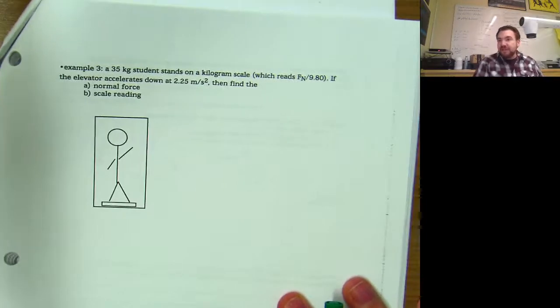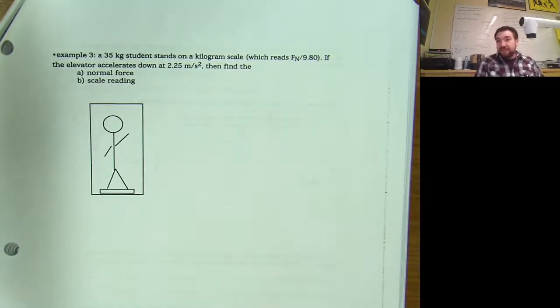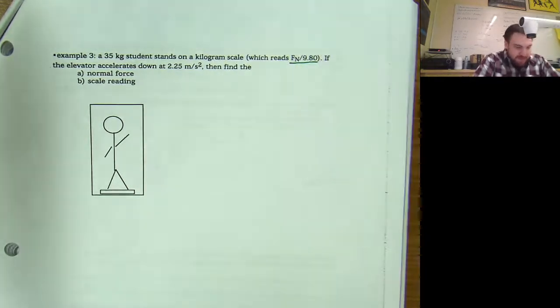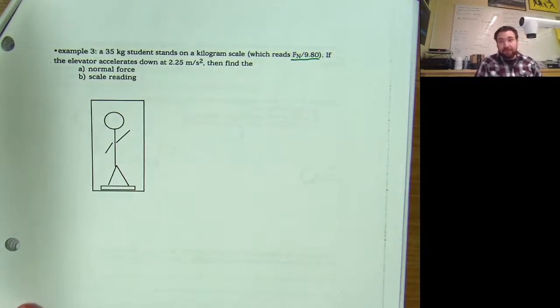So here's the question. A 35 kilogram student stands on a kilogram scale, which reads normal force divided by 9.8. If the elevator accelerates downwards at 2.25 meters per second squared, we want to find the normal force and the scale reading. So let's draw the forces acting on our student.